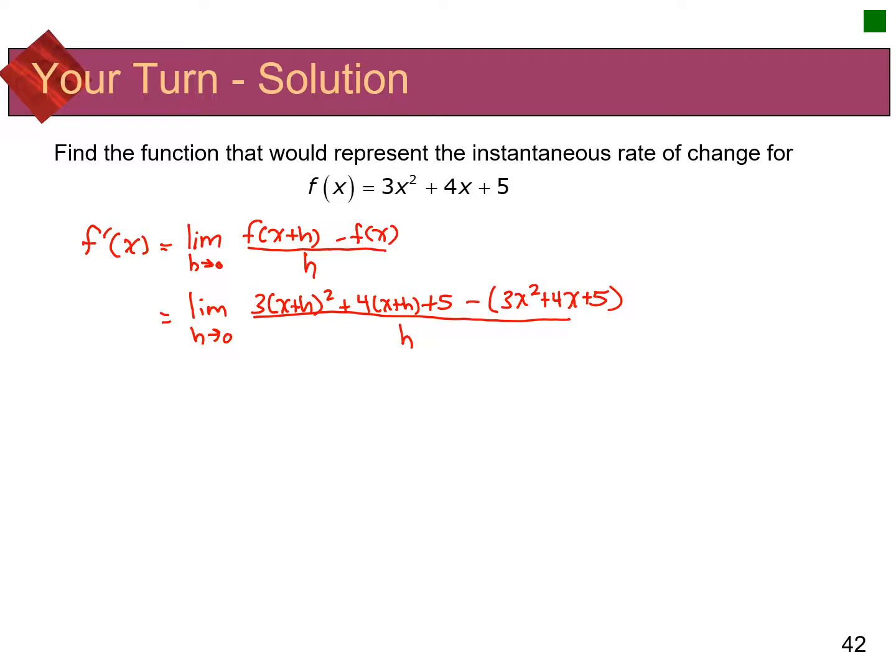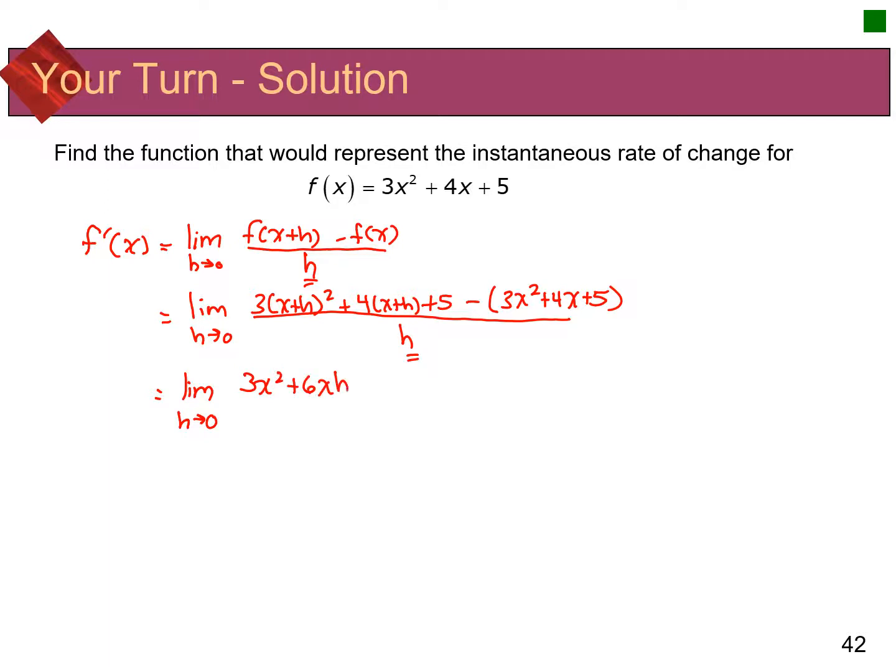So I'm going to go through and try to get this simplification done. I want this h that's been down here to cancel out, and by canceling out, that's what should make the indeterminate form disappear as well. So if I take 3 times x plus h squared and FOIL that out and distribute appropriately, I'm not going to show all the intermediate steps.